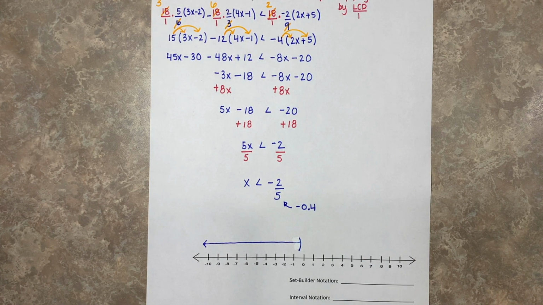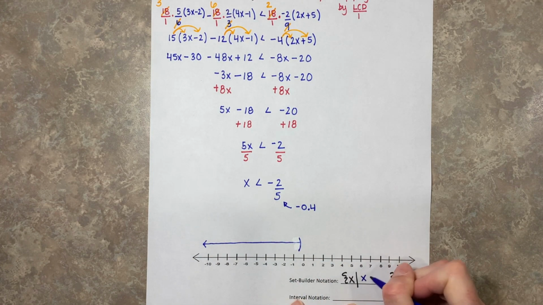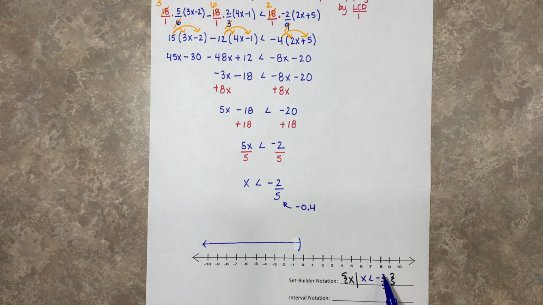Now to write our answer in set builder notation, we just need to remember the general outline, which looks like this, and then we insert our inequality in the blank space here. X is less than negative 2/5, or you could use negative 0.4 if you prefer. For interval notation, it can be helpful to look at the number line here, and for interval notation, we always list the lowest endpoint on the left.